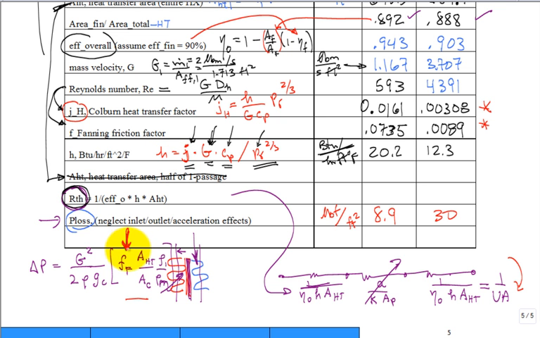So if you're reading something off the chart, if you don't read it the same, you're going to have a different number. That's probably the biggest source of error. This rho right in this equation, which rho is that? That's the rho inlet, isn't it? Yeah. And you could have some errors with the mass densities.